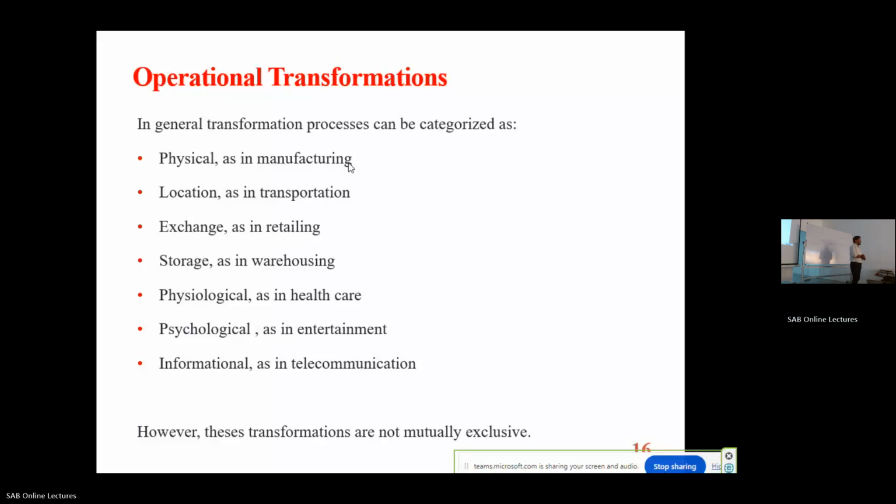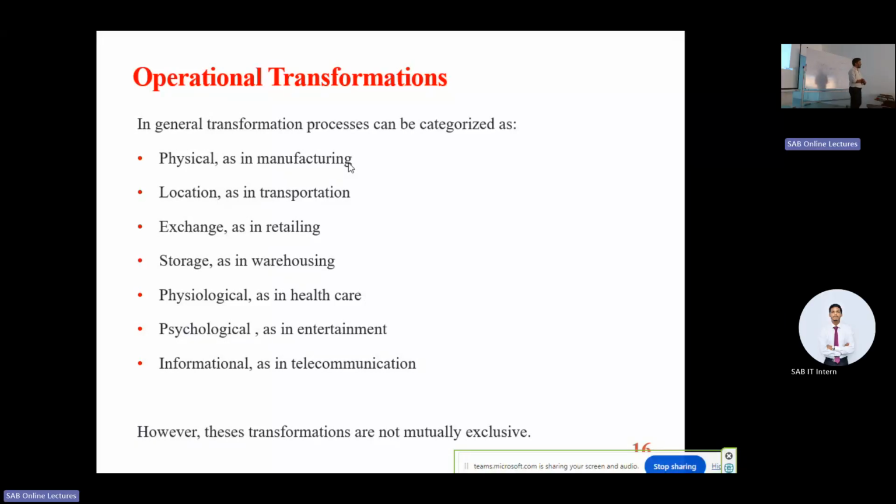Location transformation, is that applicable? Yes, they have a delivery service, and for that they have different operations. Through that, they have vehicles, staff and all. They provide location transportation. For that, they charge. Is that free of charge? A little charge will be added for that. But it is a value-added service.